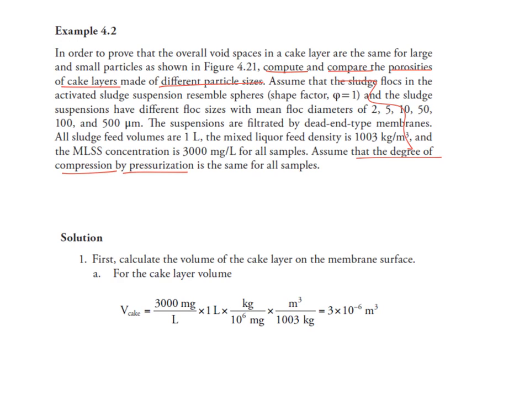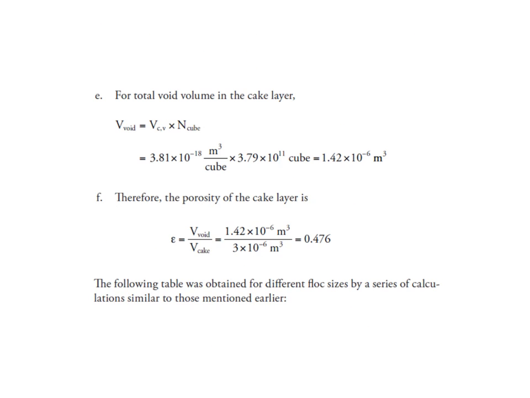So first, what you have to do is to calculate the cake layer volume, which is from the mass balance, given like that. And for the total void volume in the cake layer, we can multiply this by the number of cubes, and then we'll have this value.